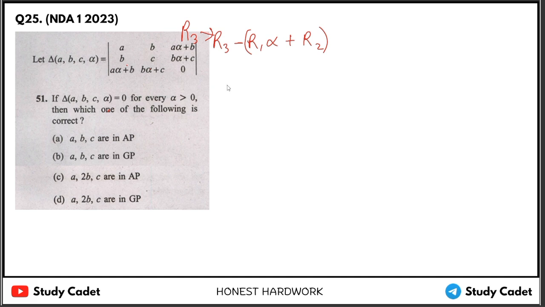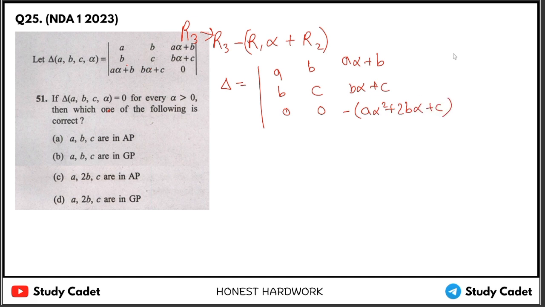What happens? Delta will be A, B, then A alpha plus B, B, C, and then 0, 0, and A alpha squared plus 2B alpha plus C. This is our determinant.